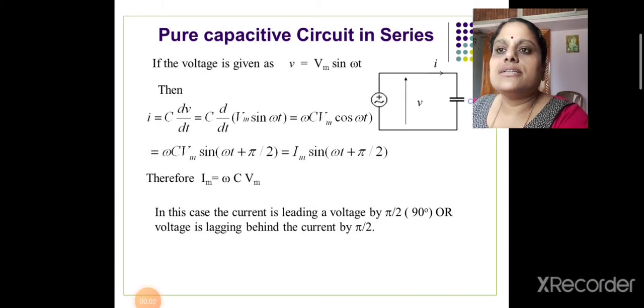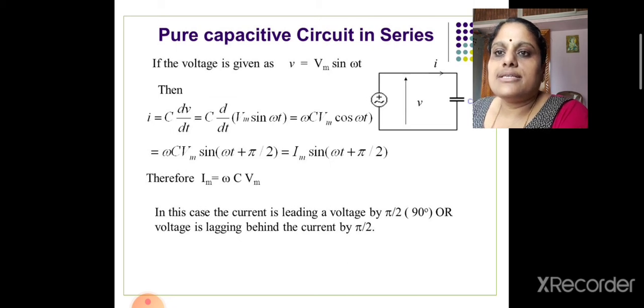Now let us consider the case of a pure capacitive circuit which is in series with an AC source. Let the applied voltage be V equals Vm sin omega t. Then we know I equals dq by dt. Q is replaced by C into V. So I equals C into dV by dt.